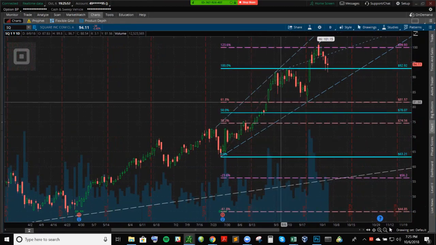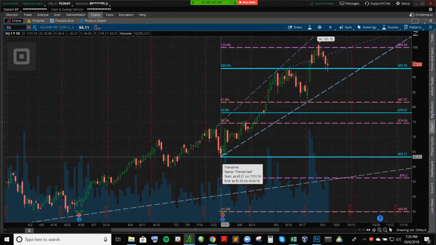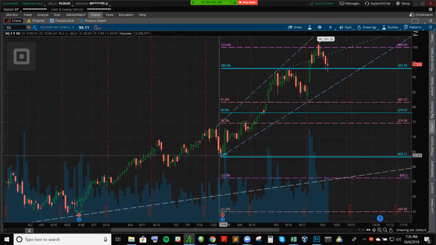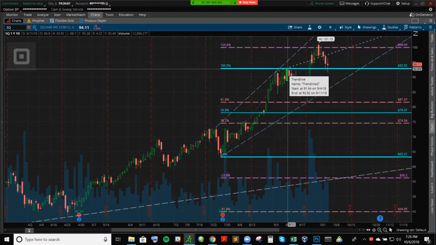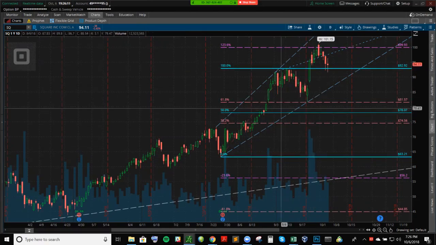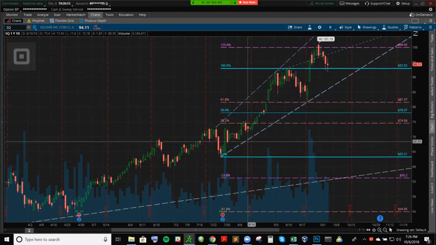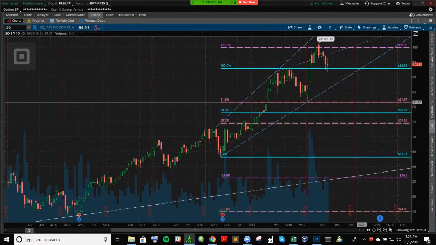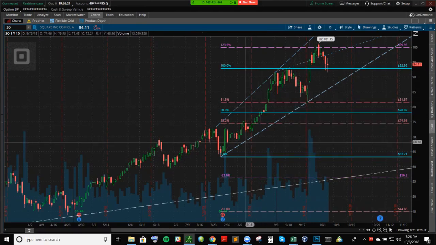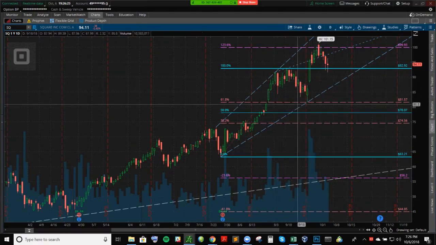I have that there for other reasons, but taking the most recent move on Square, we bottomed here, U-turned. We didn't really see any selling in a short-term top until about the 92.92. So this is your range right here, and you can draw your fib just to get the levels clearly identified. And notice how we held the 1/3 back and it ended up creating a nice trend line.